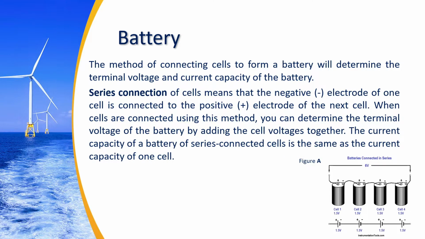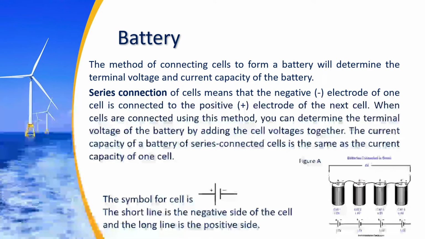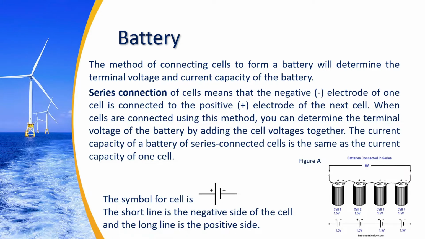So, katulad nito, figure A. So, the symbol for cell is ganito. So, yung short line is the negative side of the cell and the long line is the positive side. Okay? And then, kapag pinagsama mo yung dalawang cell, so battery ang magiging equivalent nun.